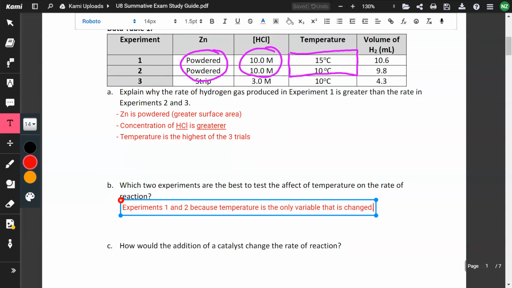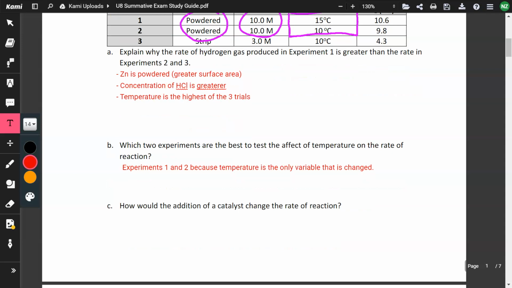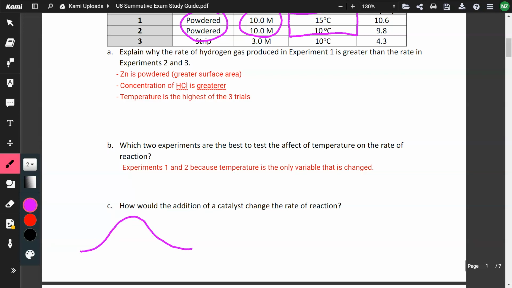How would an addition of a catalyst change the rate of reaction? So a catalyst. Like when you were little and you were riding your bicycle, you had a hill that you were trying to pedal over. A big hill like that is going to take some time. It's going to take a lot of energy to get over that hill. What a catalyst does, a catalyst lowers the hill.